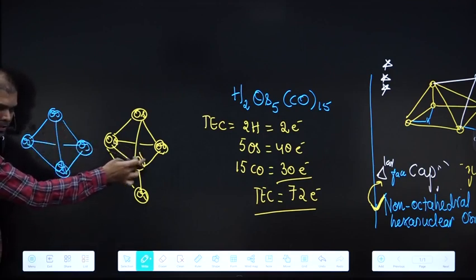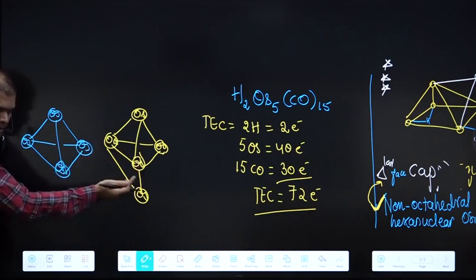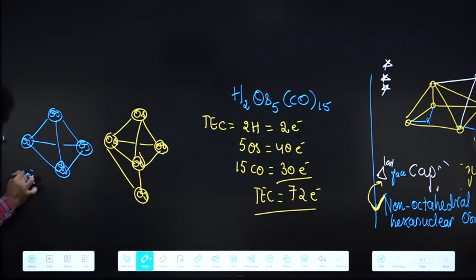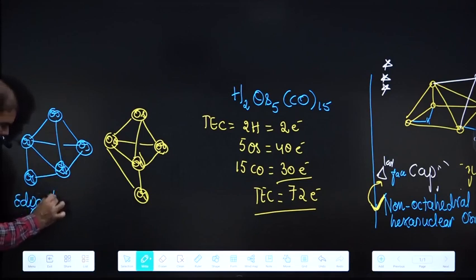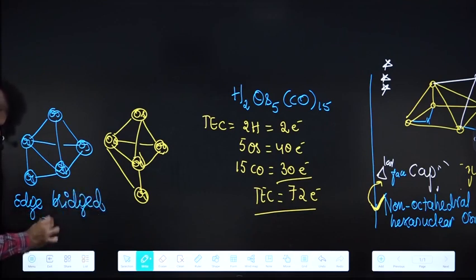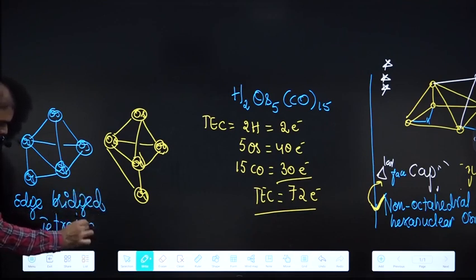There is a tetrahedral core, and this one is just hanging. Okay, so there is one more osmium which is just hanging. So it is no more a TBP, it is found to be edge-bridged tetrahedra.